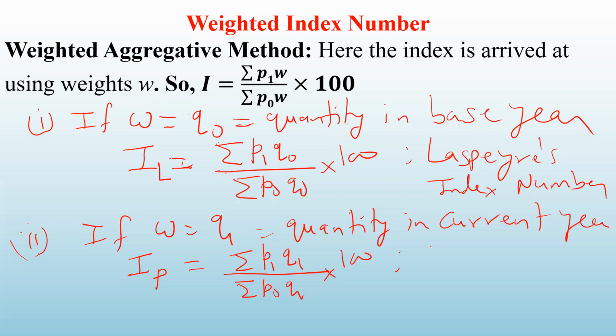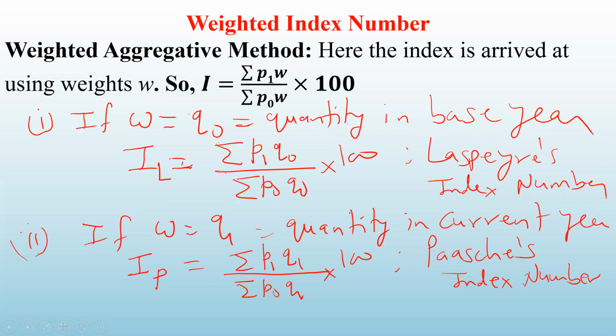Paasche is the name of the statistician who studied this index number. He has taken the weight as the quantity consumed in the current year. So in this formula, if you put W equal to Q0, you get Laspeyres'. When you put W equal to Q1, you get Paasche's index number.